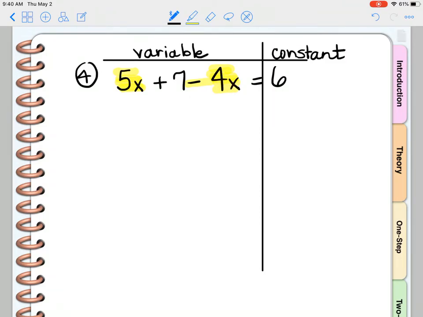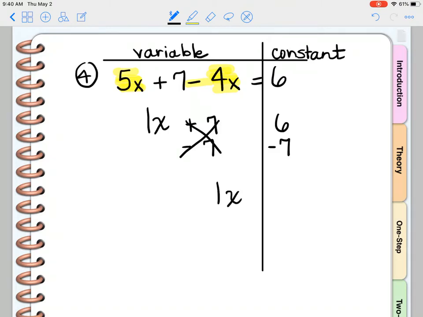So on my calculator, or in my head, I want to say 5 subtract 4. And that leaves me with 1. So when we combine those like terms, we end up with a 1x, then the plus 7, and the constant on this side. So we need to move the 7 and cancel.